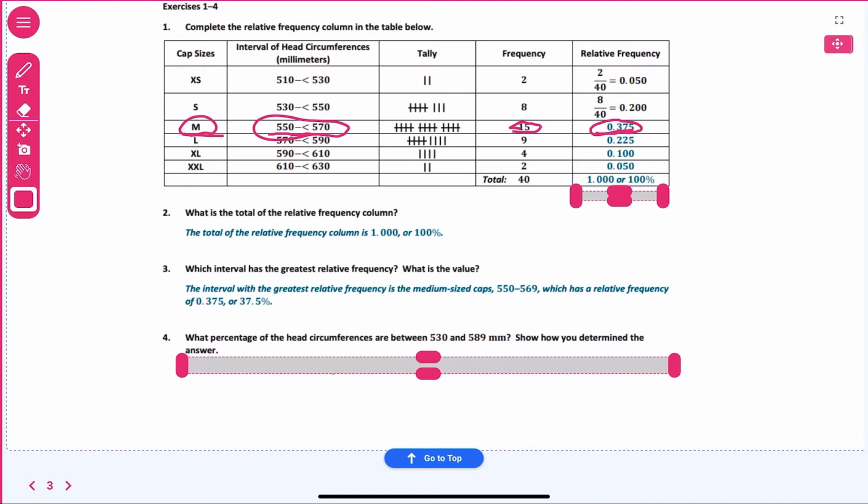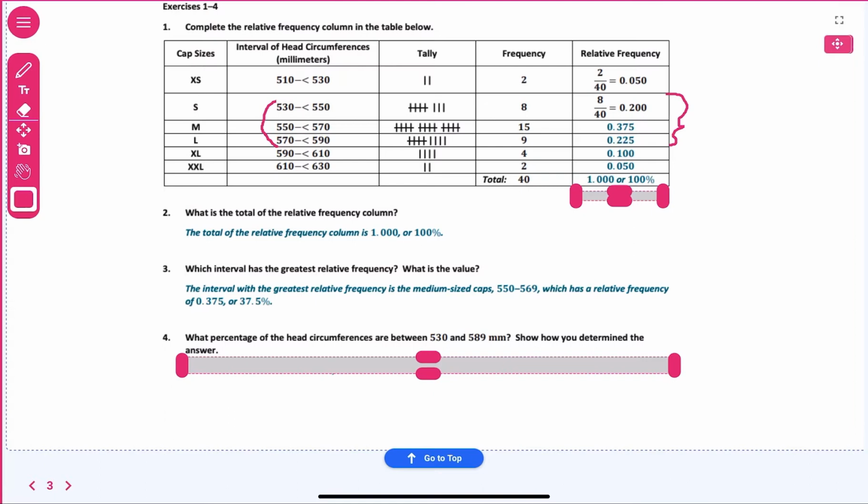So what percentage of the head circumferences are between 530 and 589? So 530 is here to here. 530 to 590 there. So it says what percentage of the head circumferences are there.